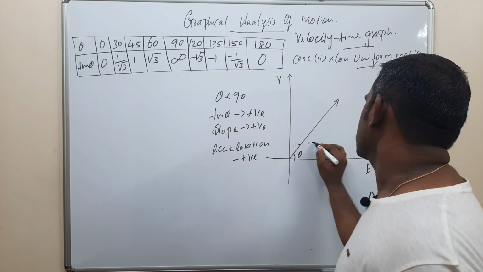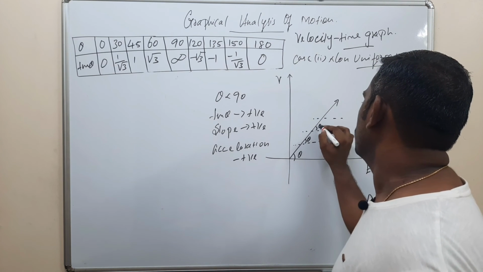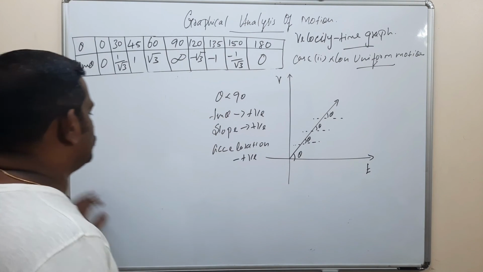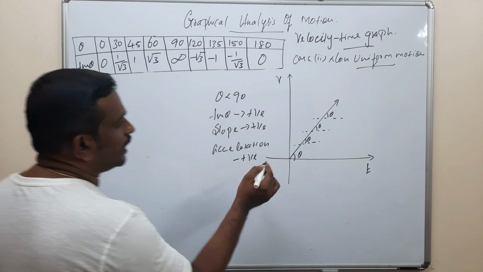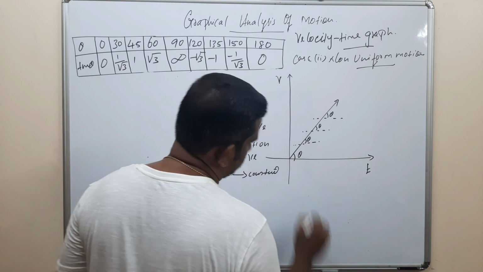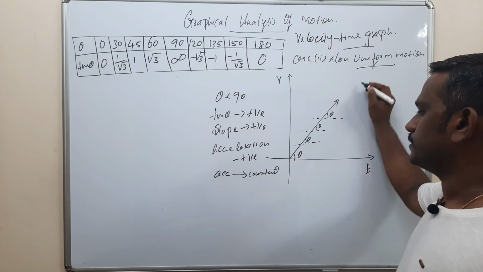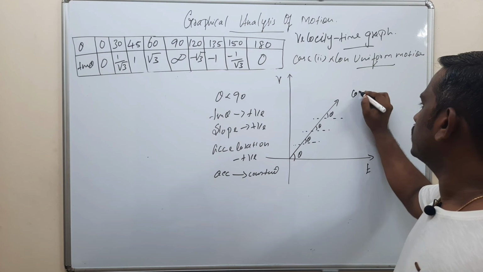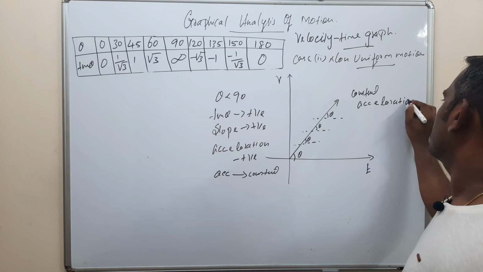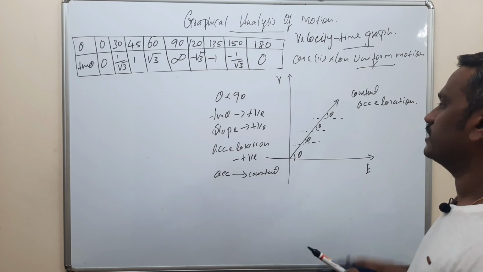If you find the slope at each and every point of this curve, we can see that the slope is constant. Therefore, acceleration is constant. So it is an accelerated motion, that is constant acceleration.